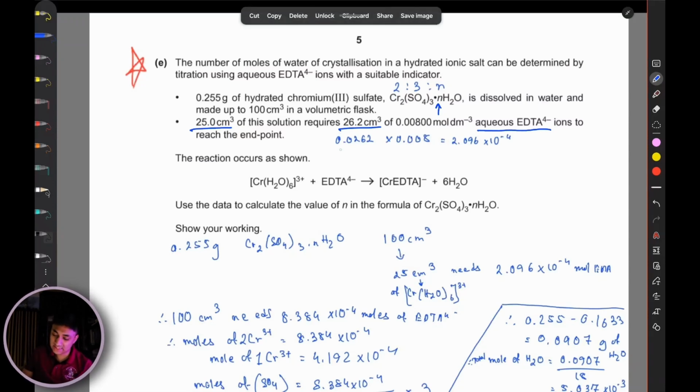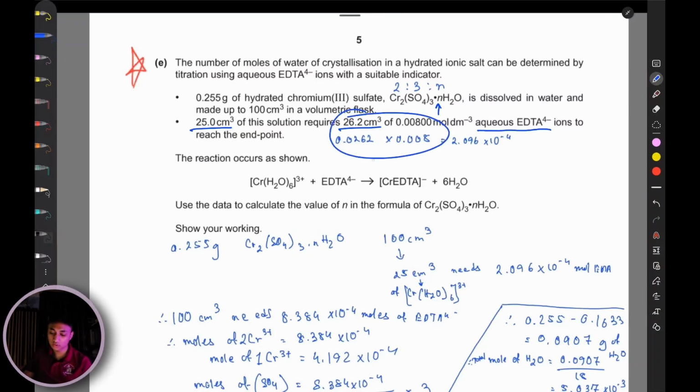So you need this much of the EDTA to go through a ligand exchange reaction. Anyways, to go through the ligand exchange reaction, you're going to need these many moles. If you multiply it, you're going to get the moles.